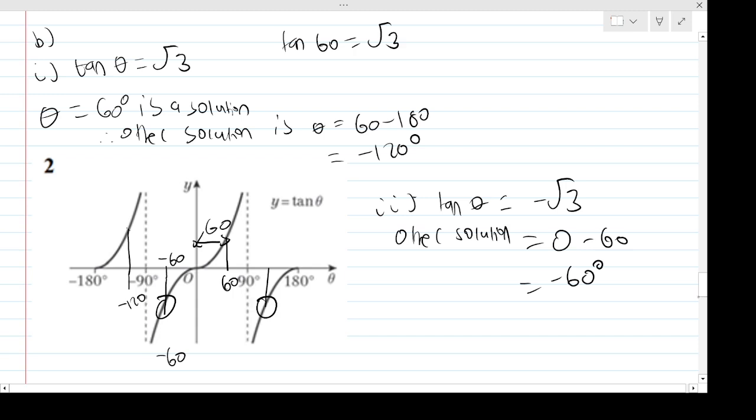And so to get from this point, it's going to be 180 overall, because it repeats every 180. So it's going to be minus 60 and minus 60 add another 180. So that'll get me positive 120, okay? The two solutions where tan theta is minus root 3 are minus 60 and 120. So that tells me 120 would be there.